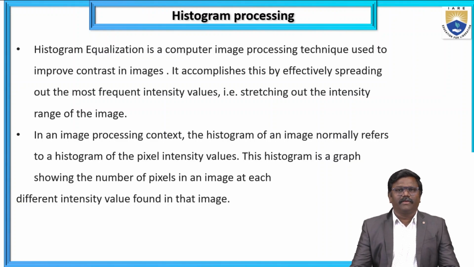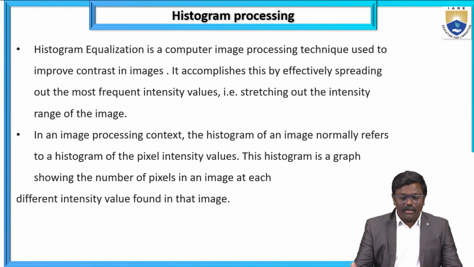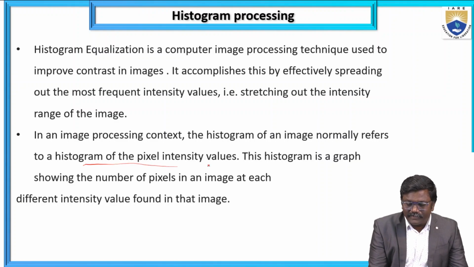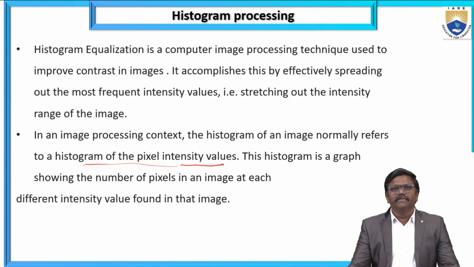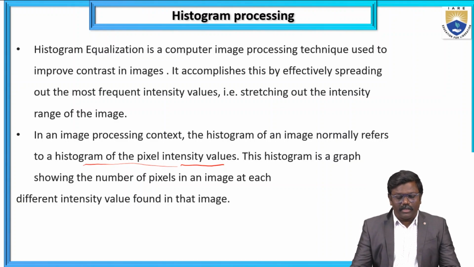In an image processing context, a histogram of an image normally refers to a histogram of the pixel intensity values. This histogram is a graph showing the number of pixels in an image at each of the different intensity values found in that image.